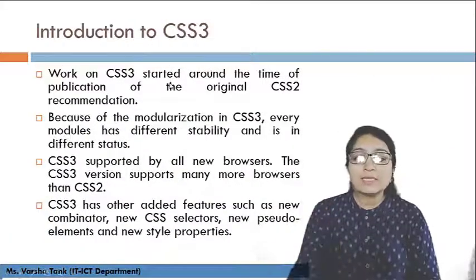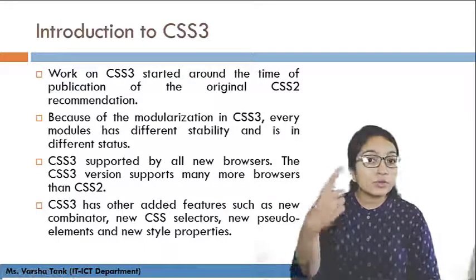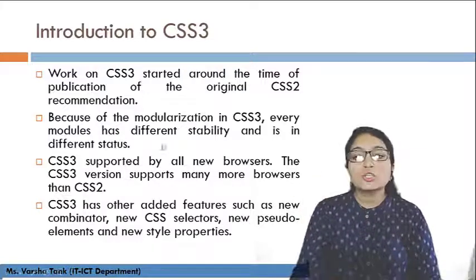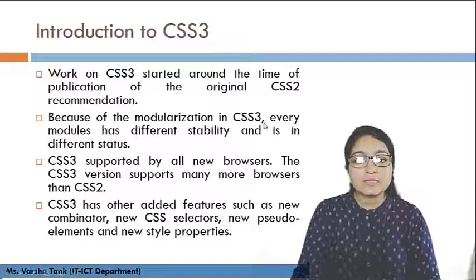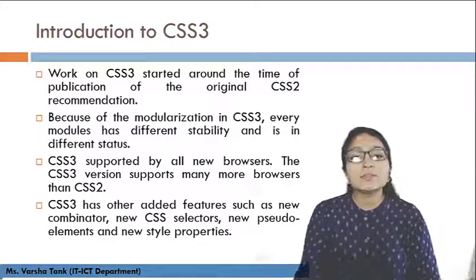Work on CSS3 started around the time of the publication of the CSS2 recommendation. As I told you, first it is a specification, and after that it becomes a recommendation. Because of the modularization in CSS3, every module has different stability and a different status.